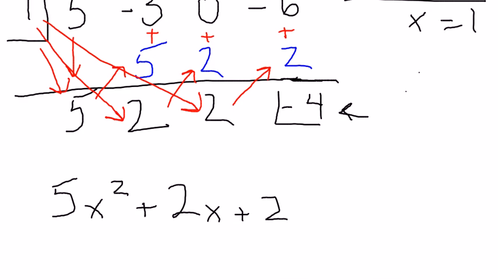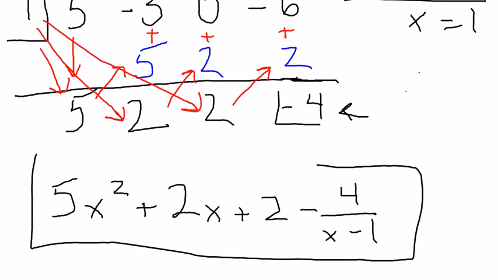So that would look like this, minus 4 over x minus 1. So this is what your final answer would look like. 5x squared plus 2x plus 2 minus 4 over x minus 1.